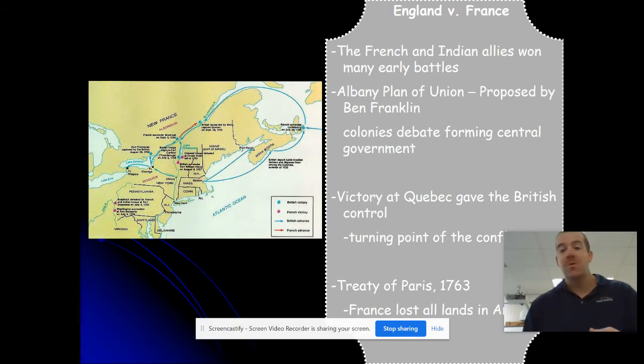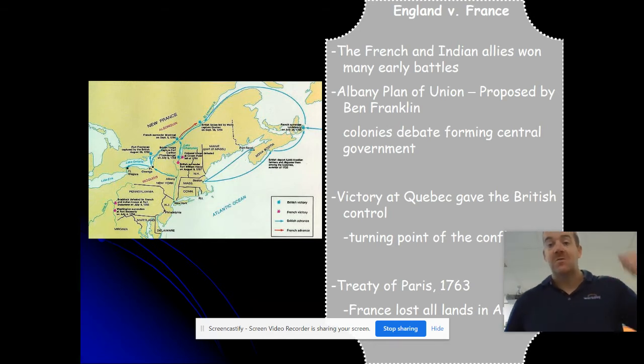So we have what's known as the Albany Plan of Union. It's the first time the colonists from different colonies came together. Remember yesterday we talked about those different regions and how the colonies were different. The northern colonies were founded for a religious purpose, Massachusetts Bay, Puritans.